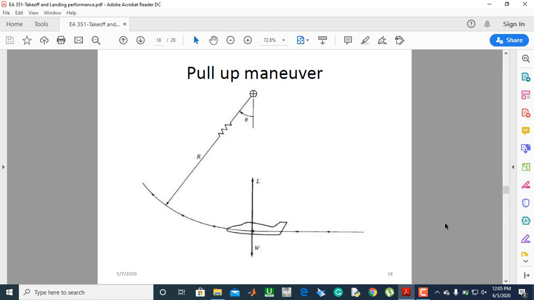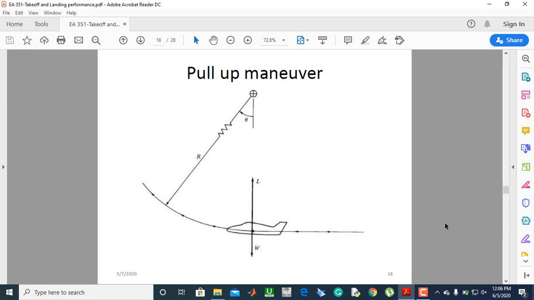Now consider a situation where there is an increase in lift. For an aircraft to be in steady level flight, the lift should be equal to the weight, and the thrust should be equal to the drag. But consider a situation where the lift suddenly becomes greater than the weight. It means that there will be a net force vertically upwards. So when this happens, this is known as a pull-up maneuver.